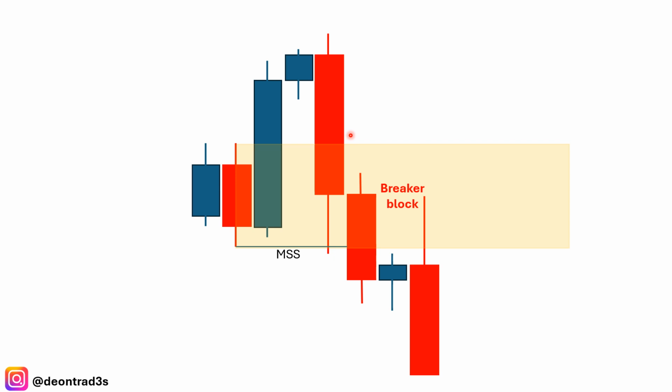So what are some of the factors that you need to consider before taking a sell or a buy using breaker blocks? One, you need to consider market structure. As always, it's not just with breaker blocks; with everything, you need to consider market structure, because it is going to tell you whether you want to take a trend entry or a counter trend entry, whether you are going with a trend or against a trend.